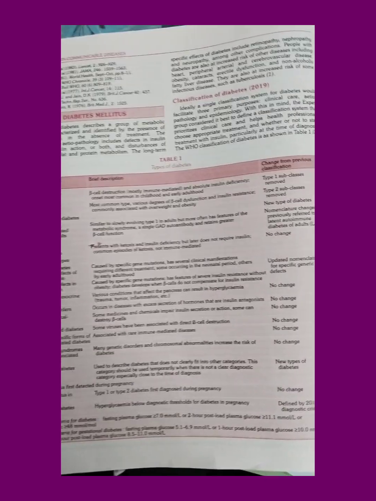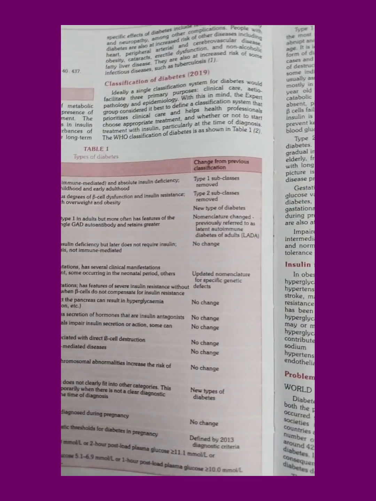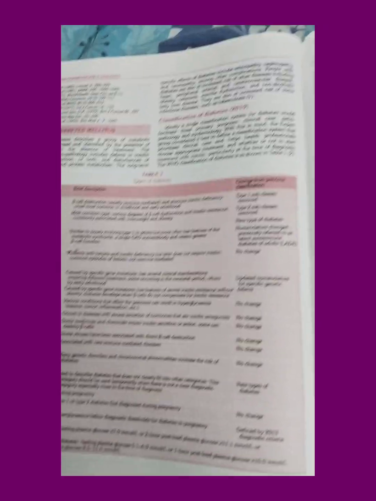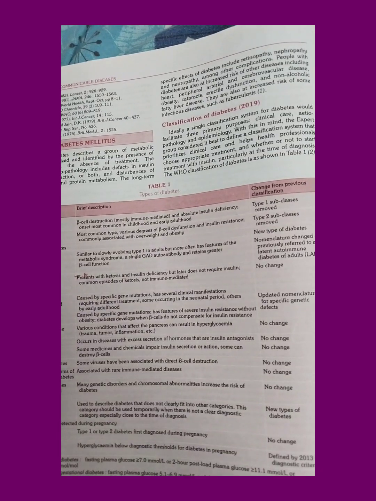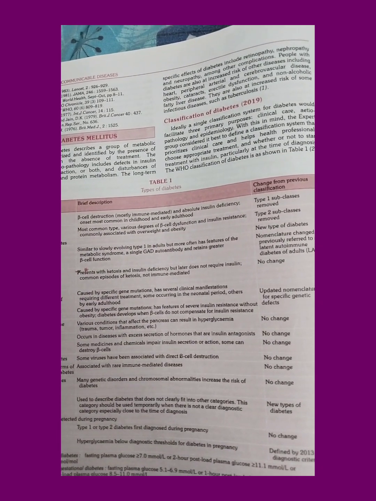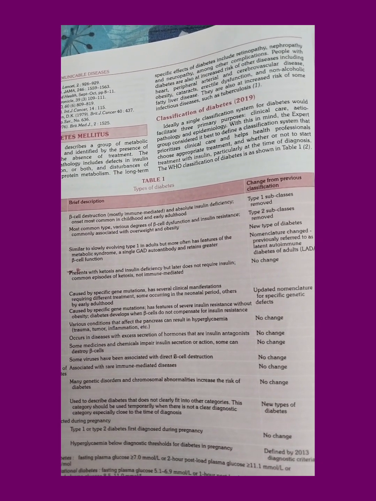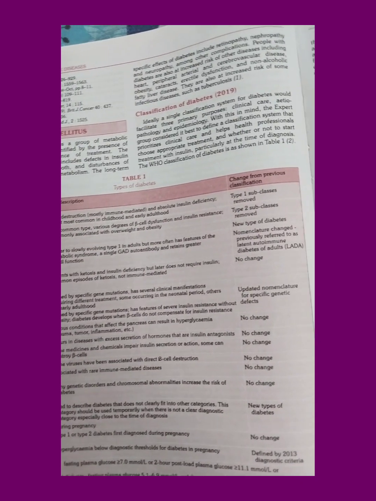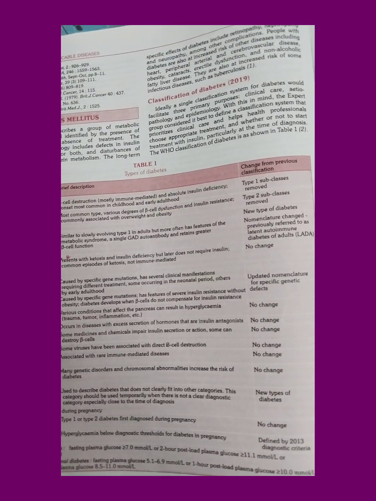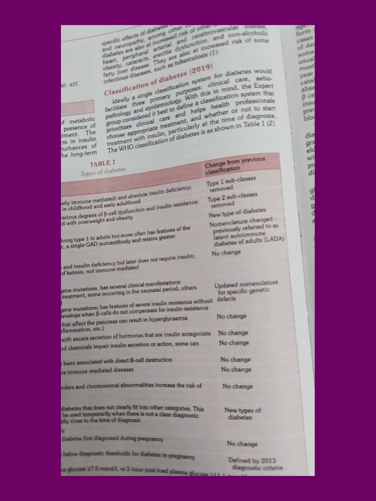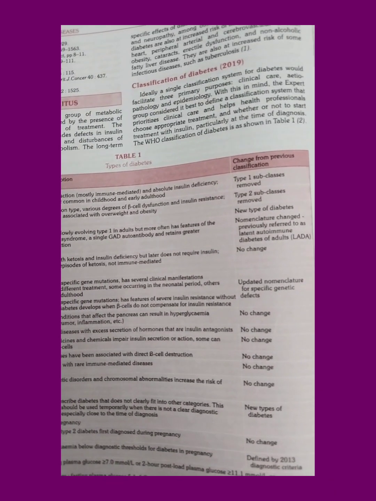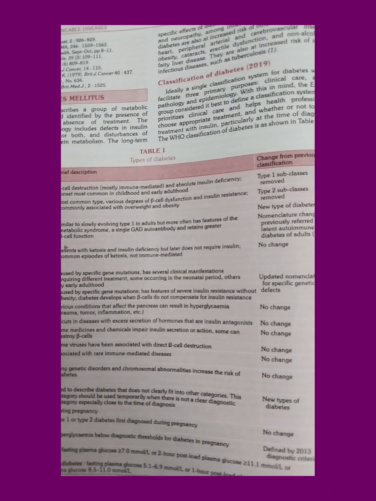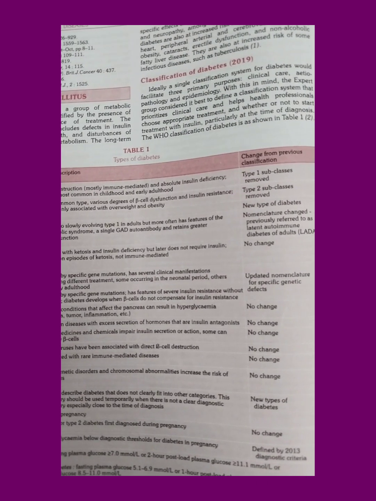And actually, what will happen in this diabetes? In type 1 diabetes, as I said, it occurs in the young, and it is autoimmune. There will be beta cell destruction, so there is no insulin production from the pancreatic beta cells.